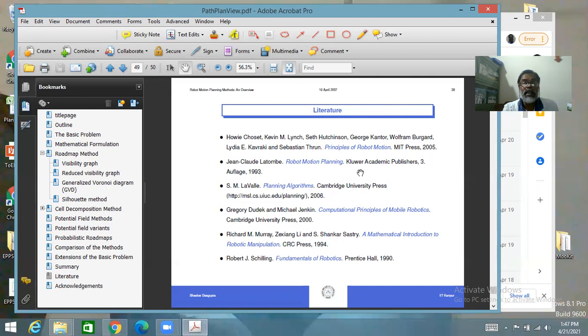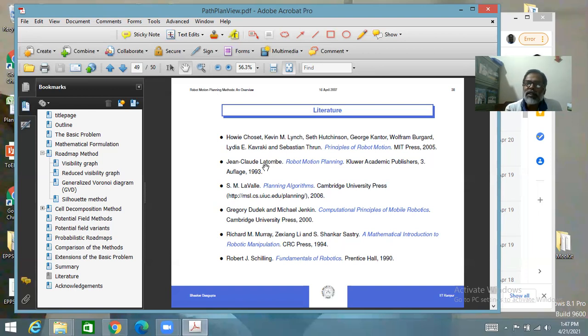If you become a real expert, then one day you can think of reading this book by Latombe. When I started, this was the only book. It has a lot of material, but it is written in a very complicated mathematical computer science kind of language.